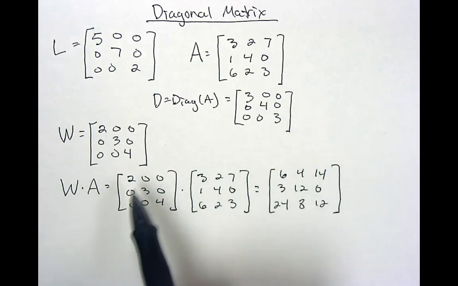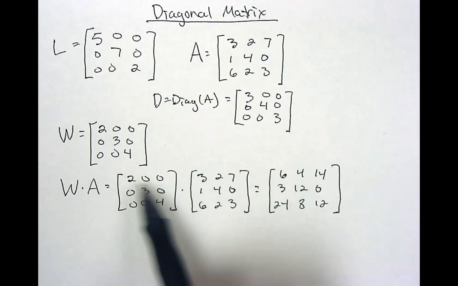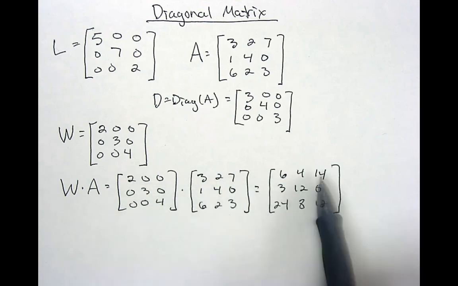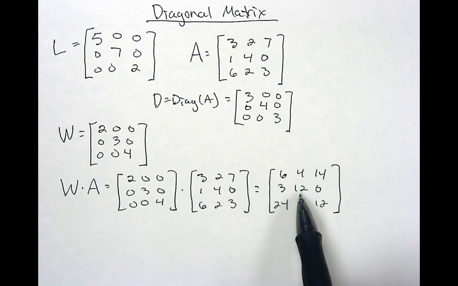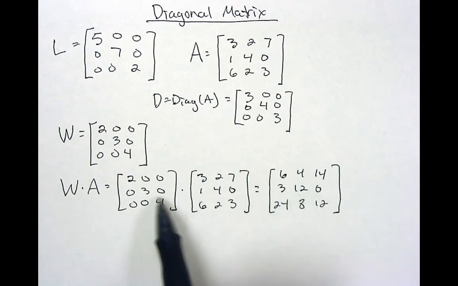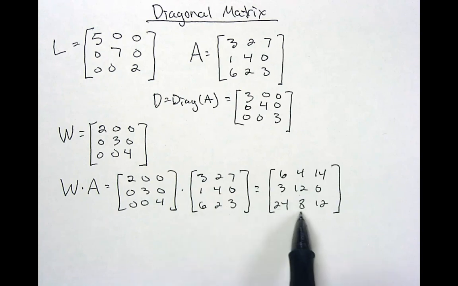Now if you look here, remember we wanted to double the first row, in which we did. 2 times 3 is 6, 2 times 2 is 4, 2 times 7 is 14. We tripled the second row, 3, 12, and 0, and then we quadrupled the third row with 24, 8, and 12.